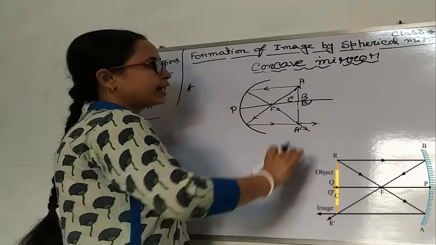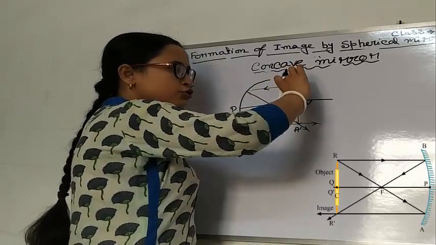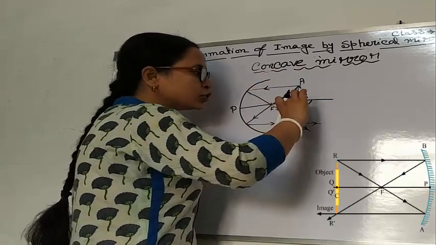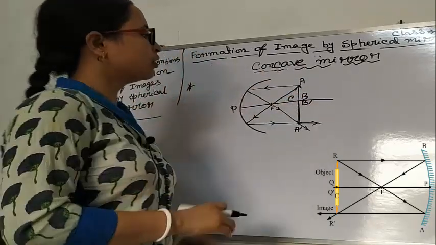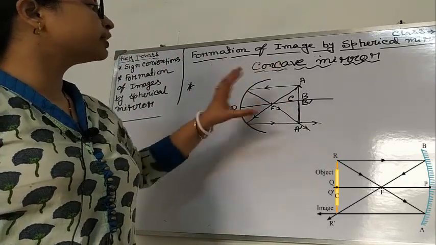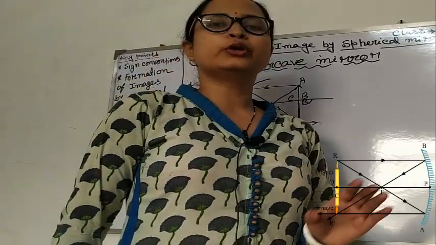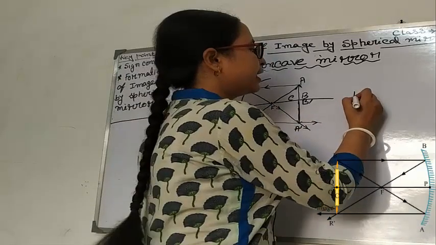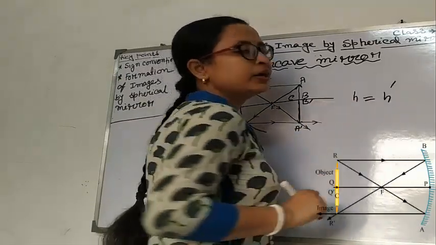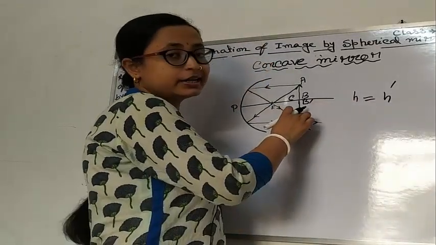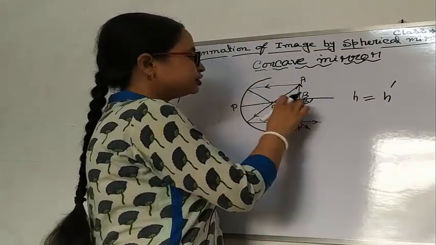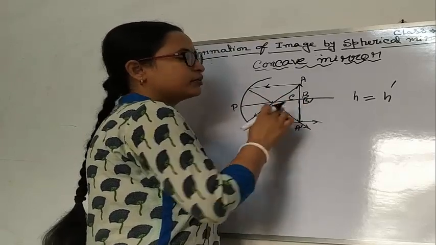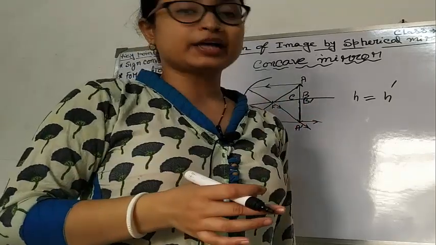So you can see that the object is at the center of curvature, the image also forms at the center of curvature, and the size of the object and the size of the image will be the same. That means H and H dash will be equal, but here H dash is negative because it is inverted, and the positions of the object and image are again negative as per sign convention.